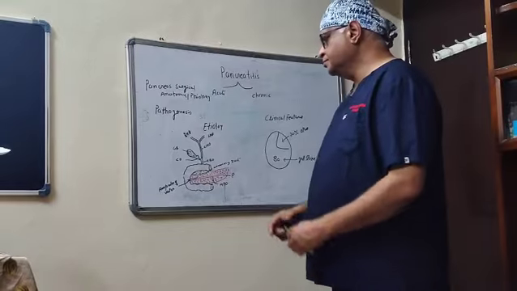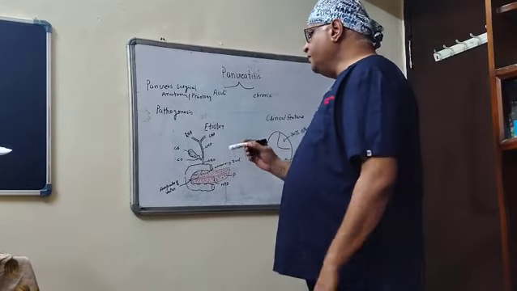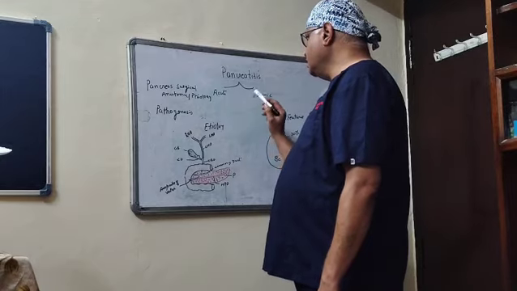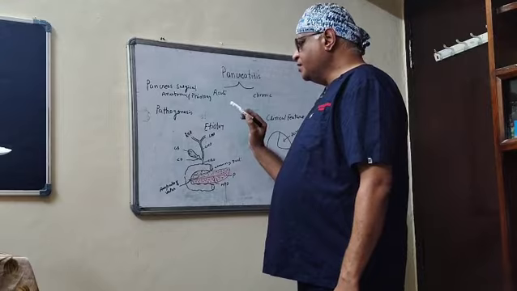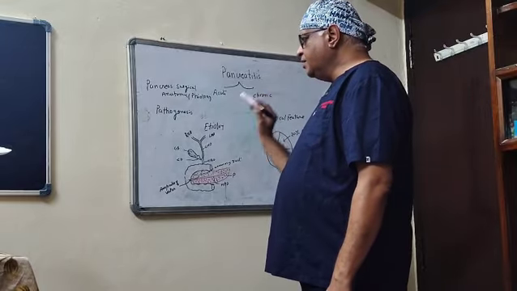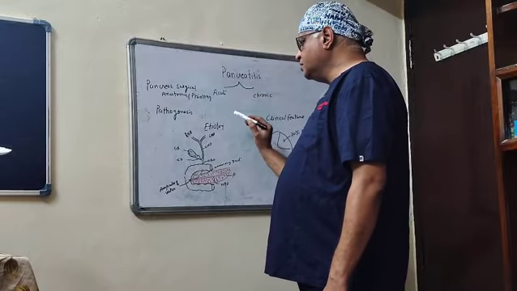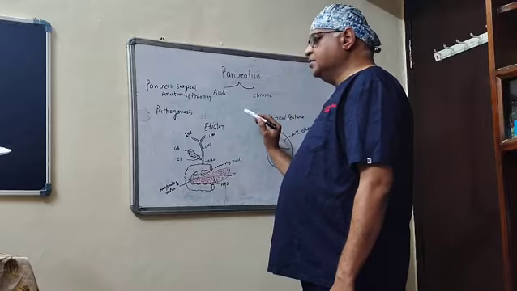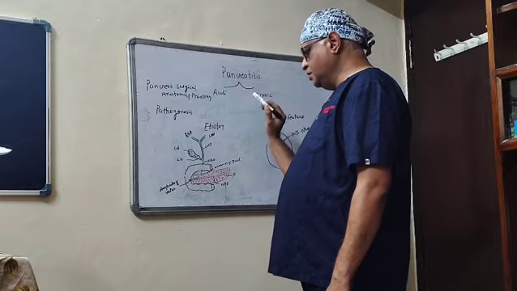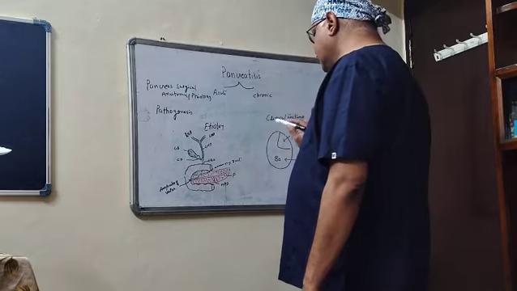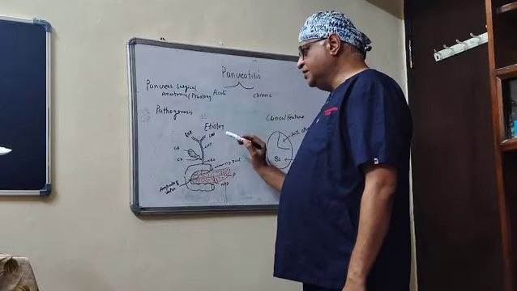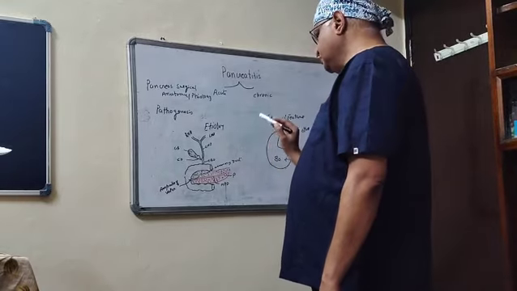Now we are briefly discussing the pathogenesis of inflammation of the pancreas. Whatever the reason, the main thing is intracellular conversion of trypsinogen into trypsin with the help of enterokinase enzyme, causing destruction of acini. This is the main pathology.